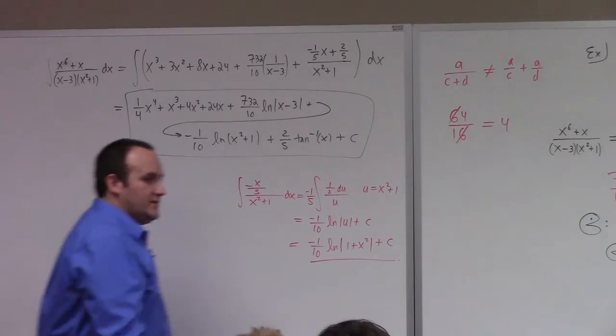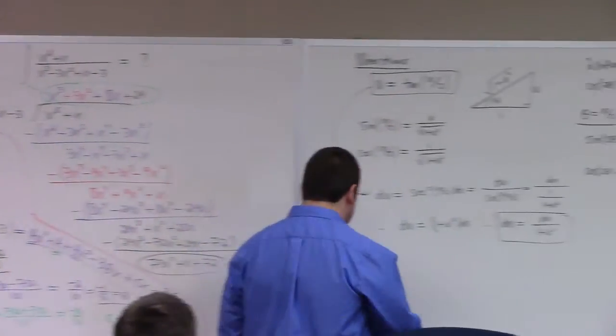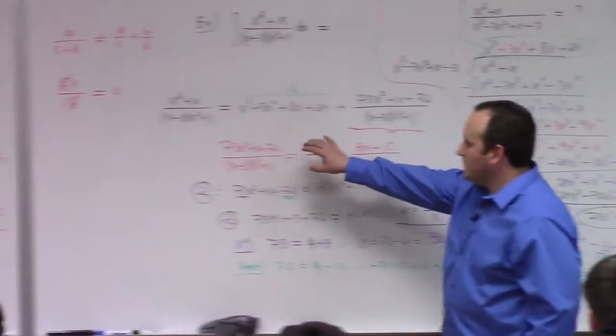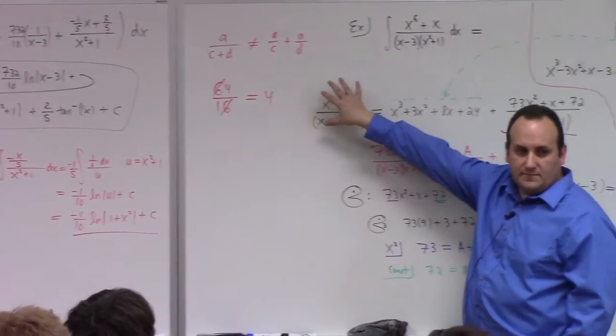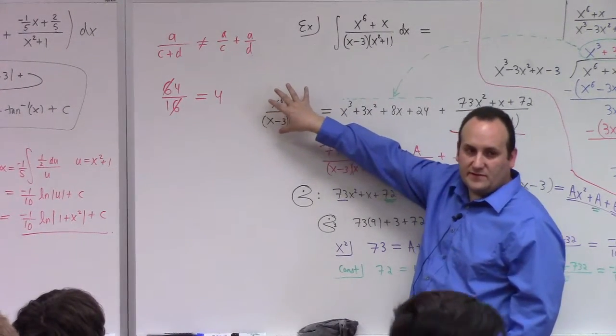Oh, okay, so let me show you. Yes, sir? Is the reason why you did long division to make the integration easy? The reason I did long division is because I don't know partial fractions for improper rational functions.